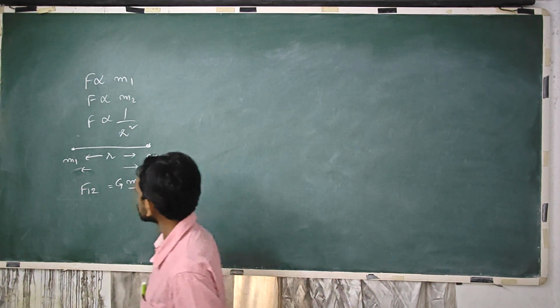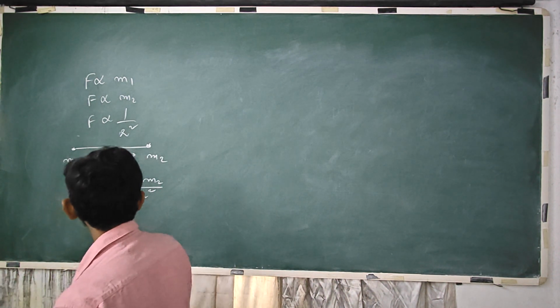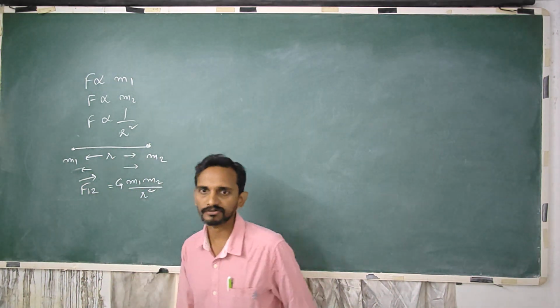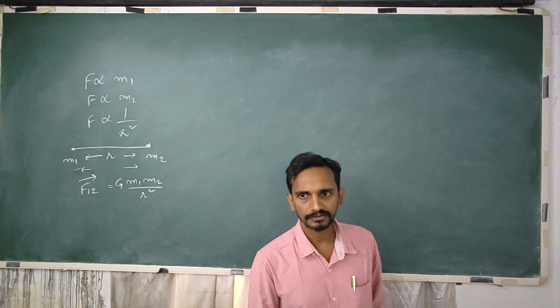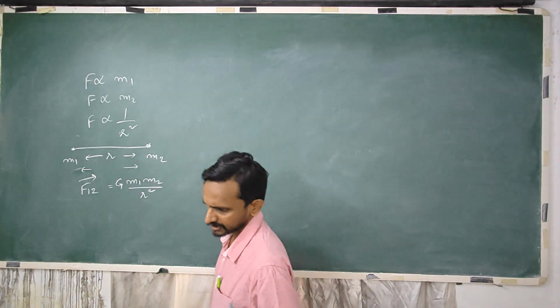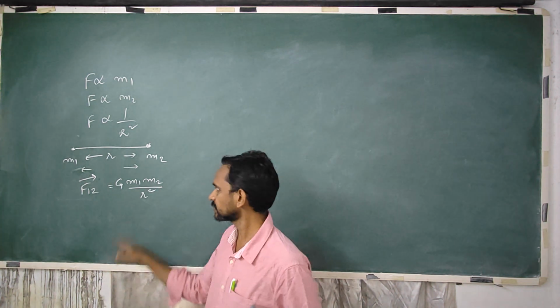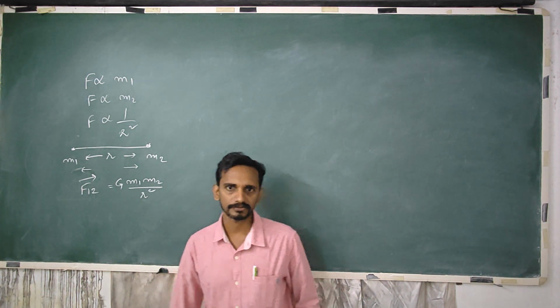What are all the vector quantities in this scenario? Force is a vector, mass is not a vector, so radial distance is a vector, but what is its direction? Ultimately you have to fix a direction for force.